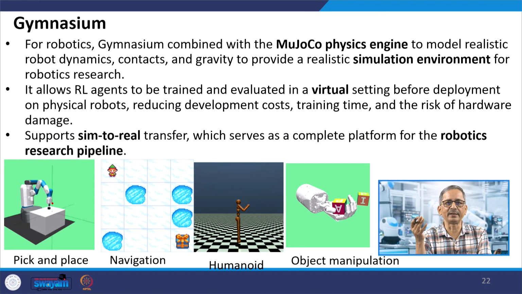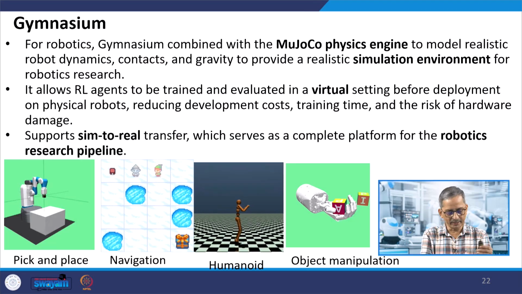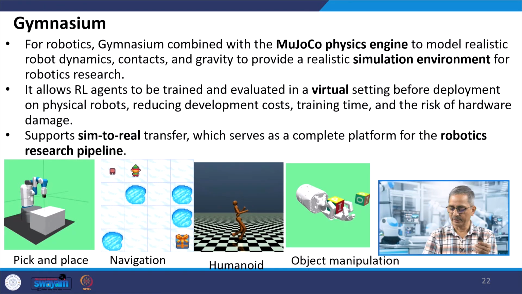So, that is the advantage, and it supports simulation to real transfer, which serves as a complete platform for the robotic research pipeline. So, here are some of the animations for pick and place, for navigation, for the humanoid, as well as for object manipulation.